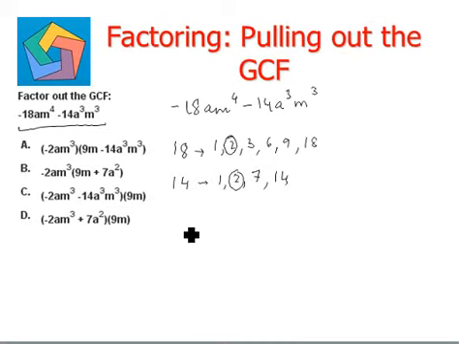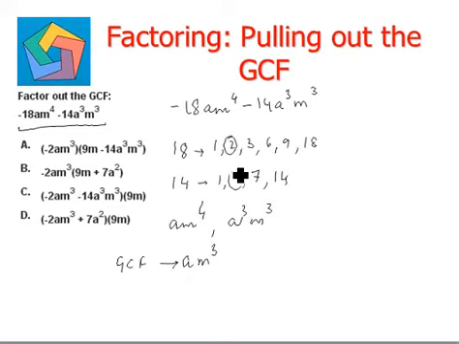Now we'll put the variable part, that is am to the power of 4 and a cubed m cubed. The lower power of a is a to the power of 1, while the lower power of m is m to the power of 3. So the GCF for this is am cubed.